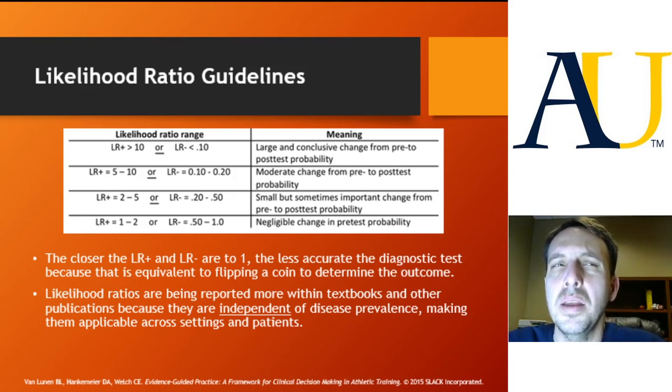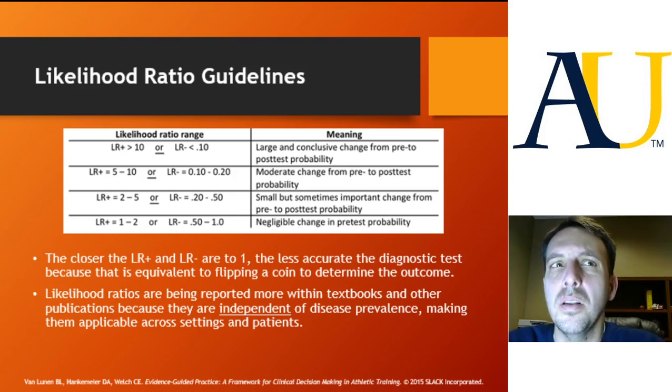Over 10 for a positive likelihood ratio, or under 0.1 for a negative one, are very large and conclusive changes from pretest to post-test probability. The higher the positive likelihood ratio or the lower the negative likelihood ratio, the more we can change our decision based off of that test alone.